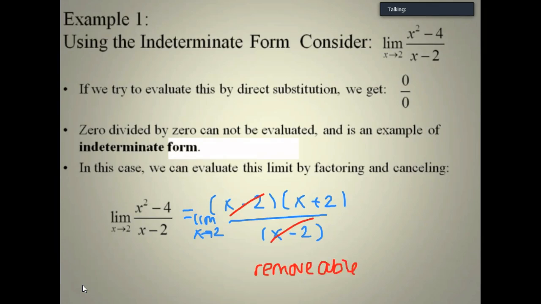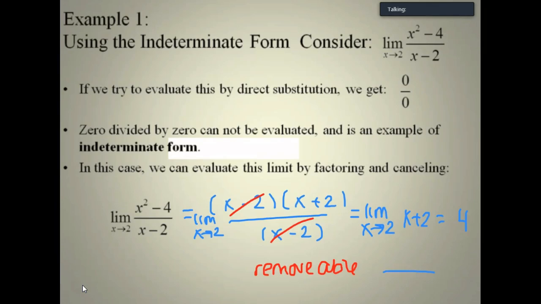And that's really equal to the limit as x approaches 2 of x + 2, which is really like 2 + 2, or 4. So where that removable discontinuity occurred, my graph from the left and the right was approaching 4.